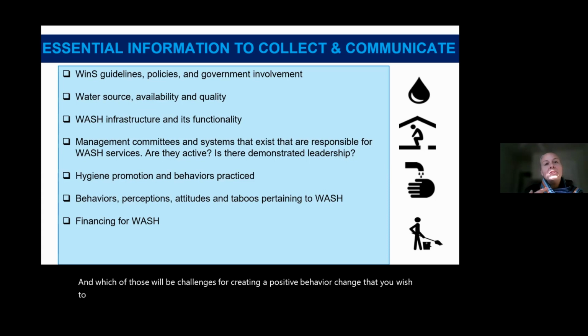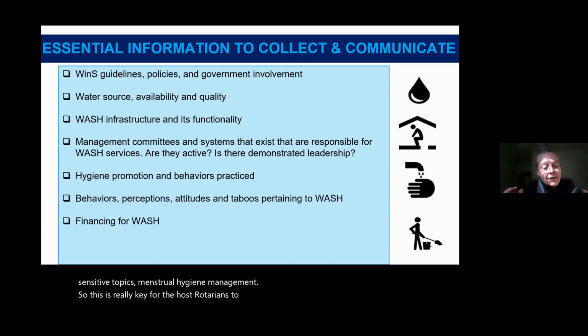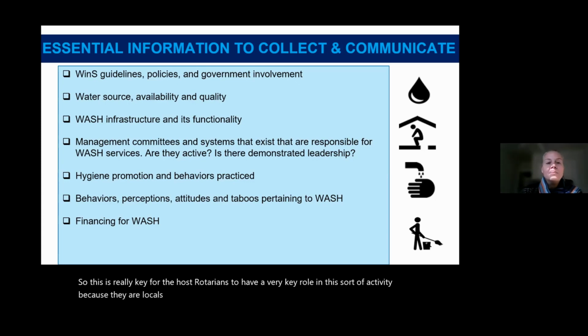We need to really understand those things, especially if we're working with sensitive topics like menstrual hygiene management. So this is really key for the host Rotarians to have a key role in this sort of activity, because they are locals and they understand the systems and how to communicate, especially around these topics.